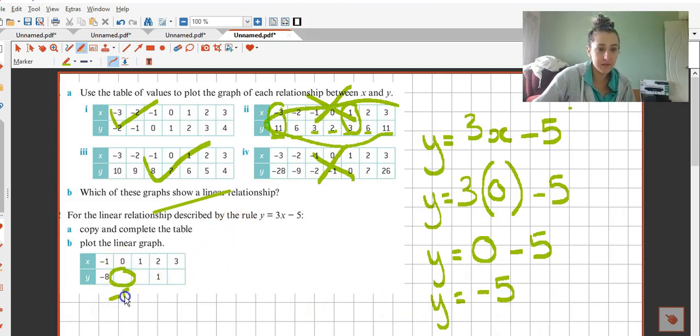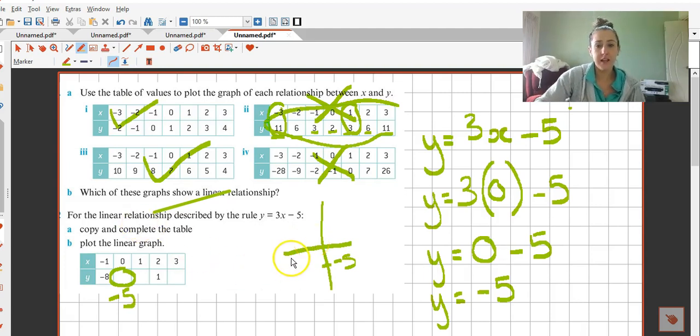So that's negative 5 in there. What that would mean is that on our graph, where x is equal to 0, y is negative 5. So that would be our y-intercept. Where x equals 0, that's our y-intercept.